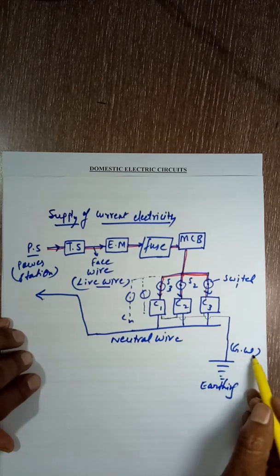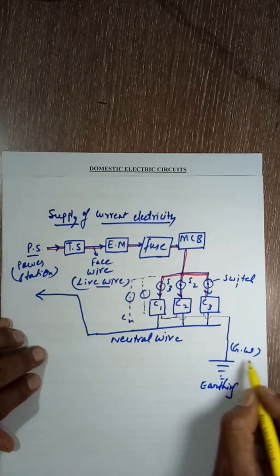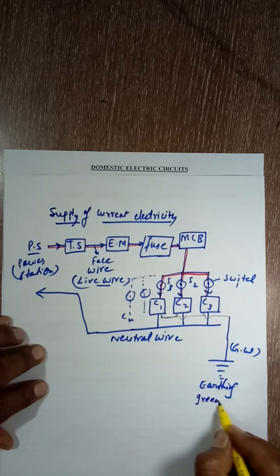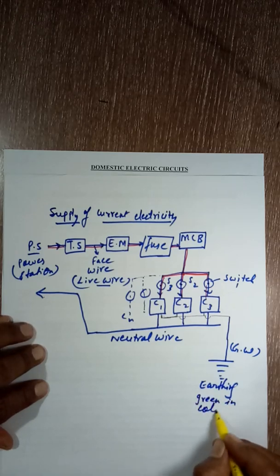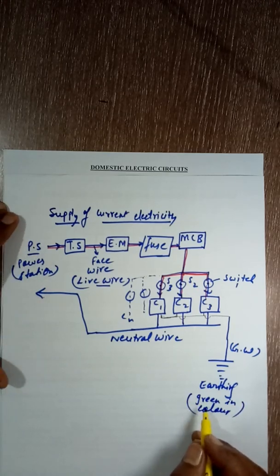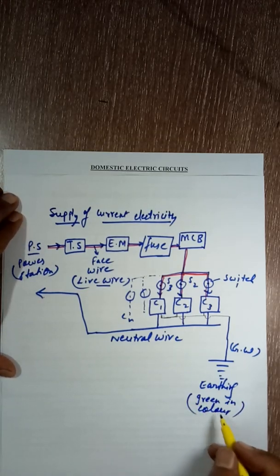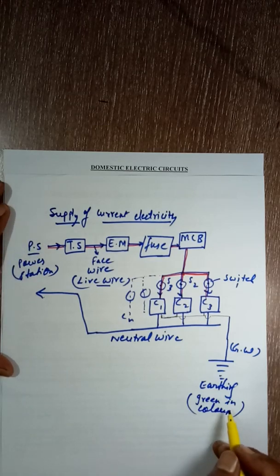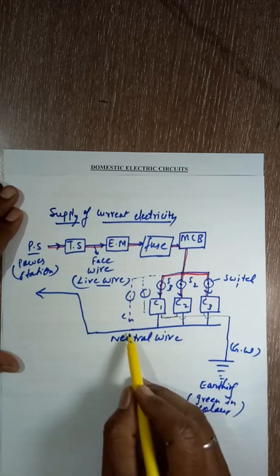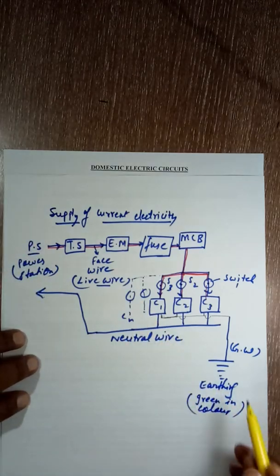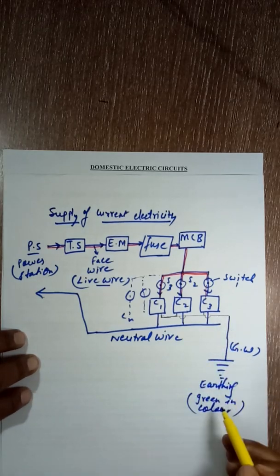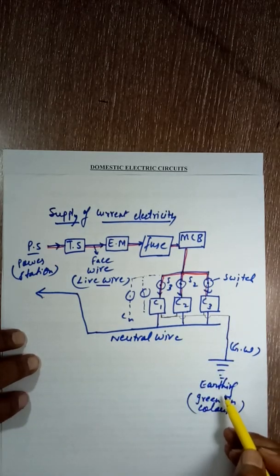So that is called ground wire, and generally it is green in color. Earthing wire is generally green in color, right? So this is the standard that has been maintained for the different types of wiring: phase wire red in color, neutral wire blue in color, and this earth wire green in color, right?